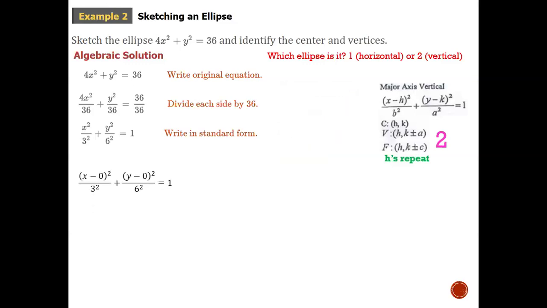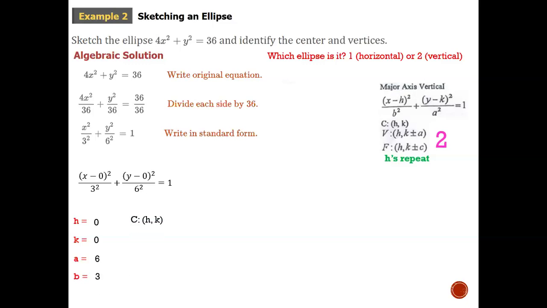So again, my major axis is the vertical axis. Yes, so I have h is 0, k is 0, A is 6, again, because it's below the y squared, and my B would be 3, okay?